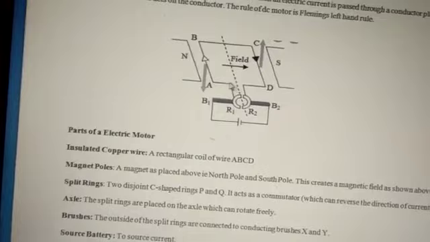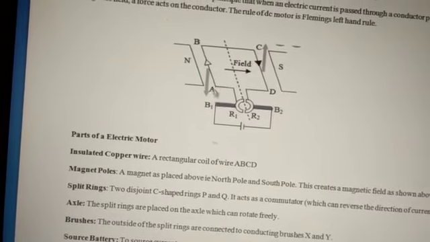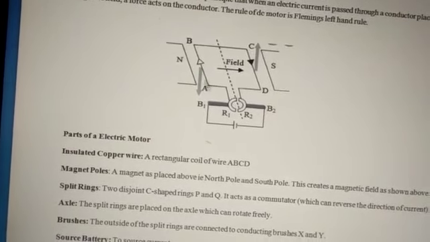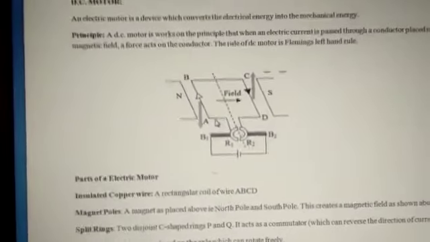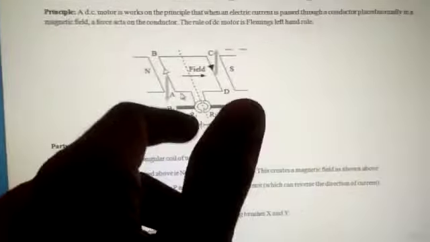This is the conductor AB. Whenever the current flows through AB, apply Fleming's left hand rule. I am showing this with the fingers.